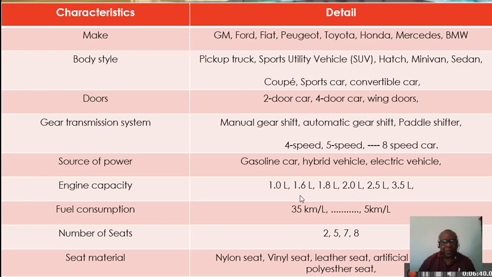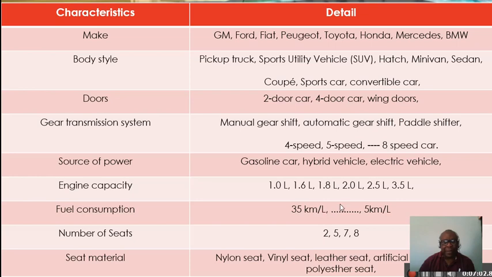So what it means is that if the capacity of the engine is big, the fuel consumption is going to be big. If you have a 1 liter engine, the fuel consumption will be very low, which means you can travel many kilometers with 1 liter of gasoline.